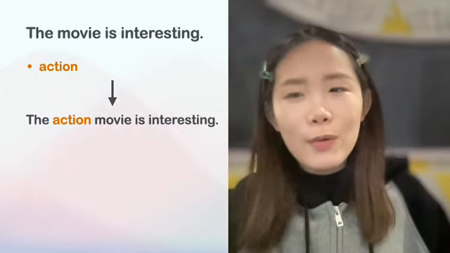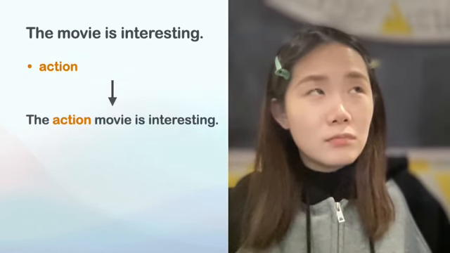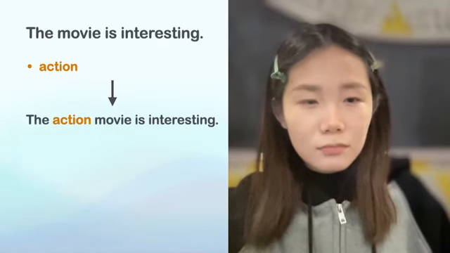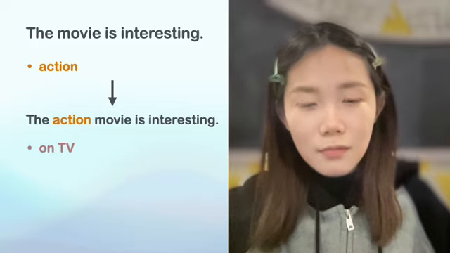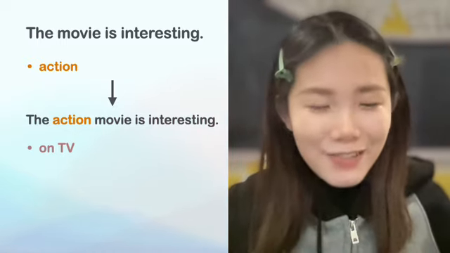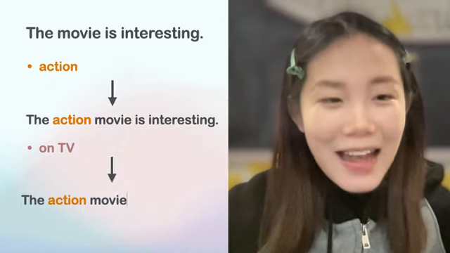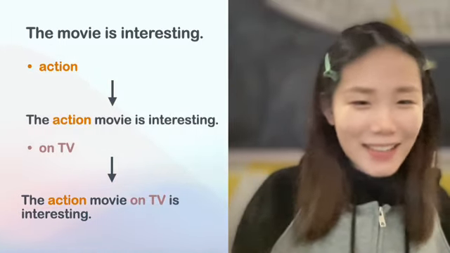And also, I want to add the media. Okay, where do I put it? Very good, after movie, right? Then we will get the sentence, the action movie on TV is interesting.